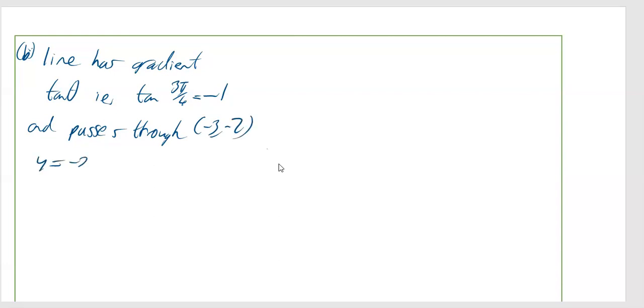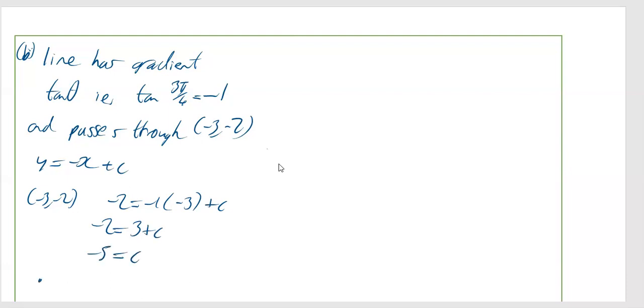So far we know y is equal to minus x plus c, and then we're going to sub in minus 3, minus 2. So that's going to be minus 2 is equal to minus 1 times minus 3 plus c. So minus 2 is equal to 3 plus c. So that's minus 5 is equal to c. Therefore, y is equal to minus x minus 5.